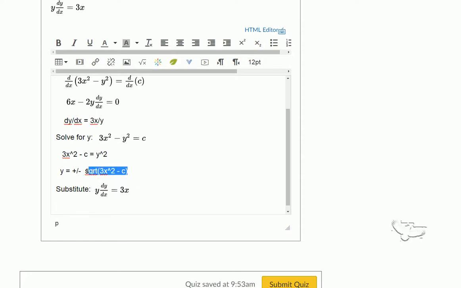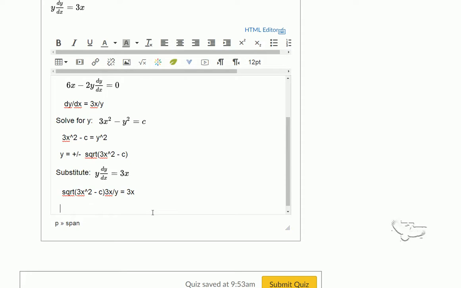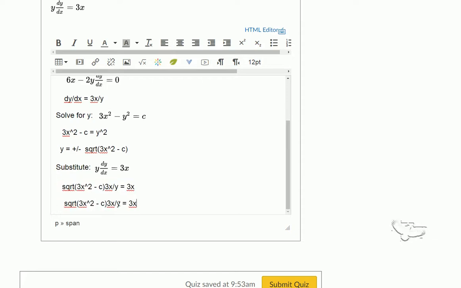So I'm just going to copy this for the positive, times dy/dx equals 3x. And what I want to do is show that the left side is equal to the right side. The right side is already simplified. So on the left side, let me just copy this, and I'm going to replace the y with the square root of 3x squared minus c.